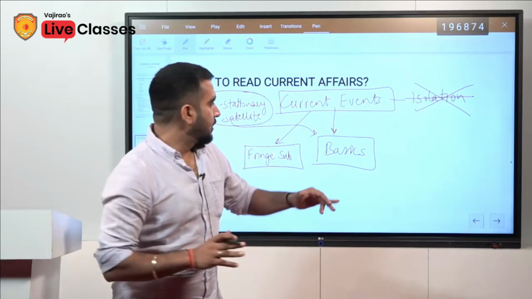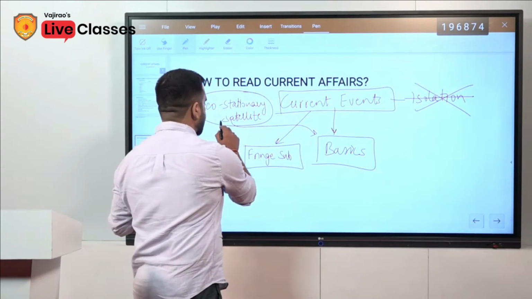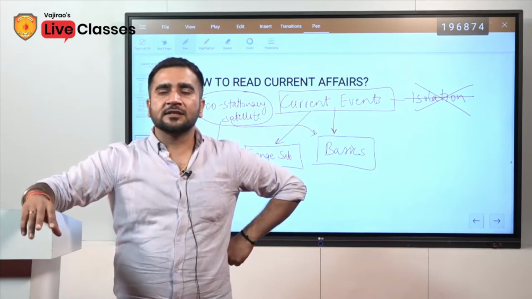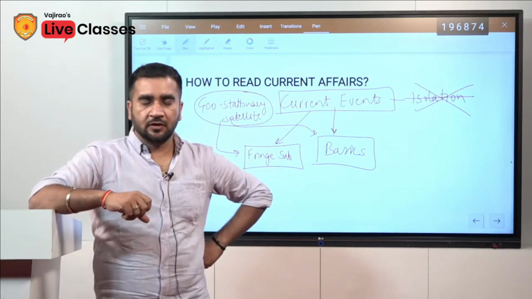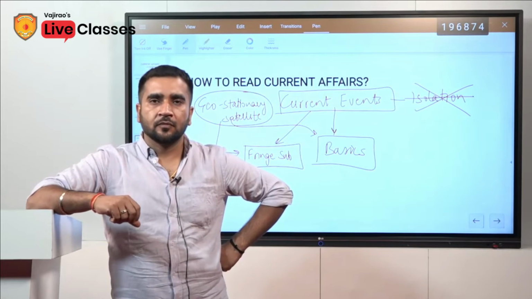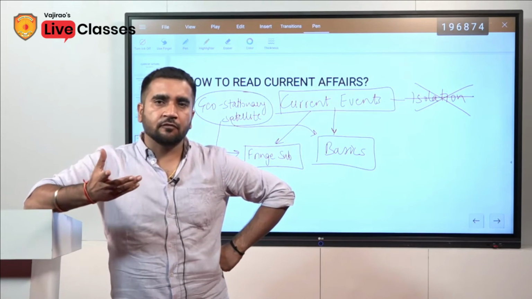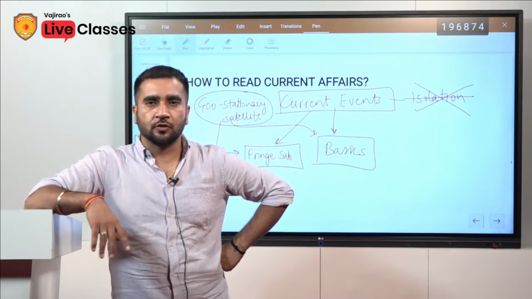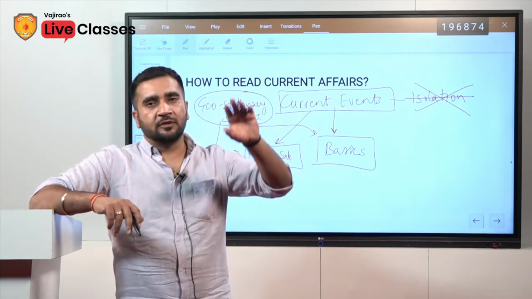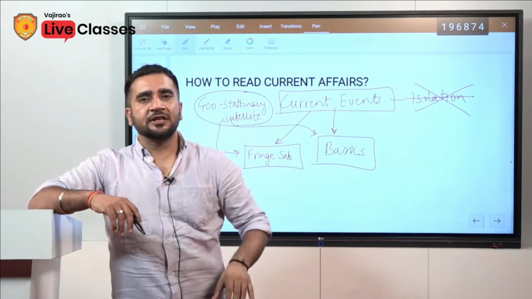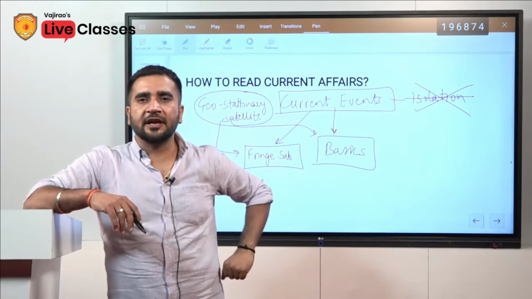Then connection with the fringe subjects. Let's suppose that satellite is going to do weather predictions for India. Let's suppose that satellite is going to do communication work for India also, like information will be available to the villagers or the people in rural areas in India from the people sitting in urban areas.